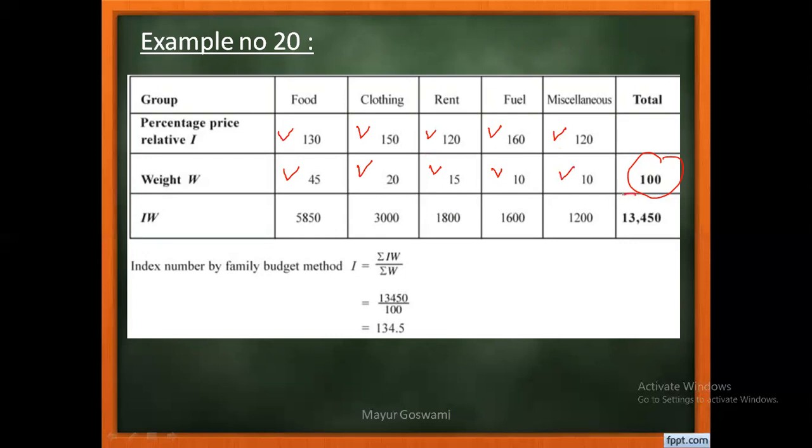So the total is 13,450, which you can say is sigma IW. Now find the index number using the family budget method. Sigma IW upon sigma W, 13,450 divided by 100. This is 134.5, right?